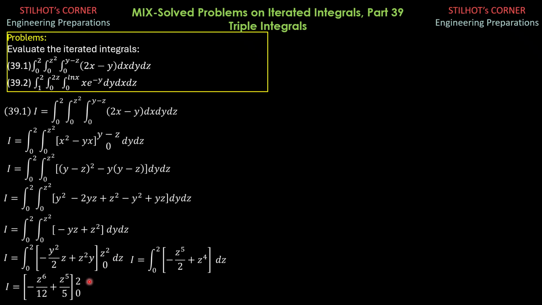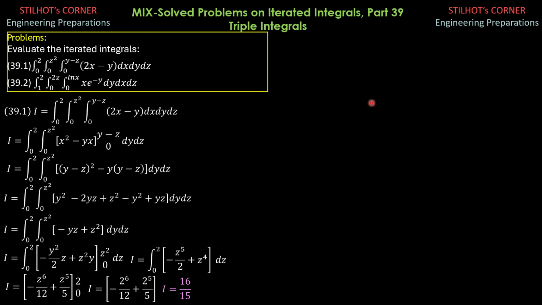So substituting, don't mind the lower limit, it's 0. So negative 2 to the 6th over 12 plus 2 to the 5th over 5 minus 0. That would be equal to 16 over 15.